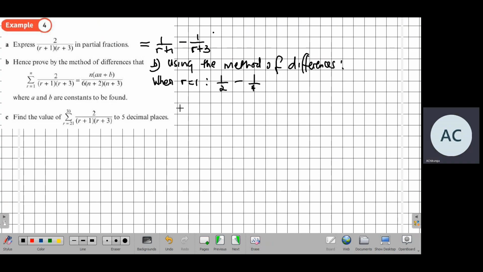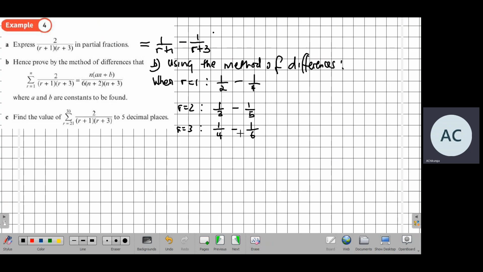And when r is equal to 2, I'm going to have 1 over 3 minus 1 over 5. And when r is equal to 3, I'm going to have 1 over 4 minus 1 over 6.